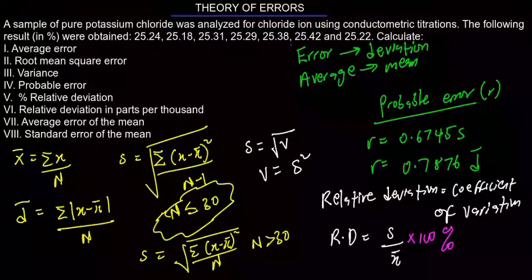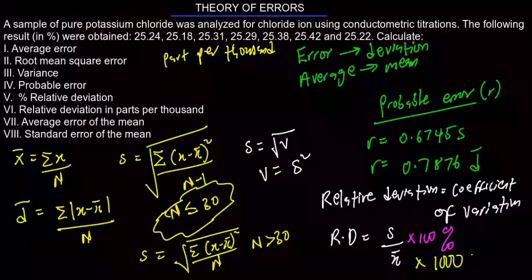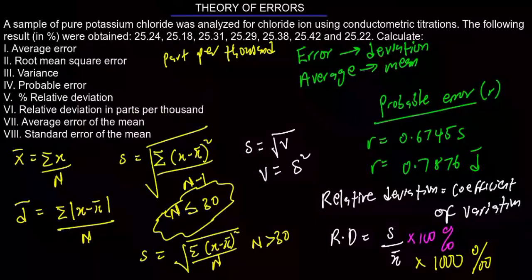If you are asked to calculate in parts per thousand, instead of multiplying by 100, you multiply by 1000, and your unit will now be 0 over 0, 0, just like percentage is 0 over 0. So that is parts per thousand. Relative deviation in parts per thousand: just multiply this by 1000.